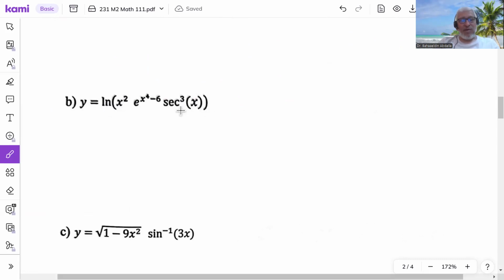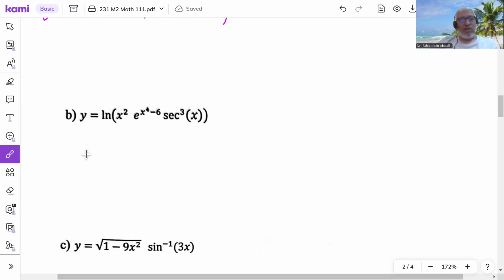The second question: find the derivative of this function. Well, I have ln, and there is a product. There are 3 functions here, the product of x squared, e to the power x to the 4 minus 6, and secant cubed. This is a very long question, but I have ln outside.